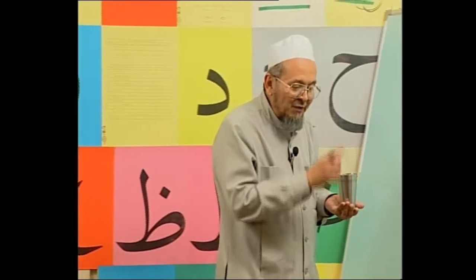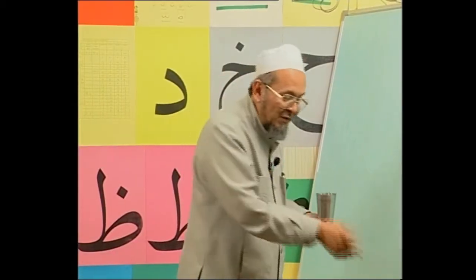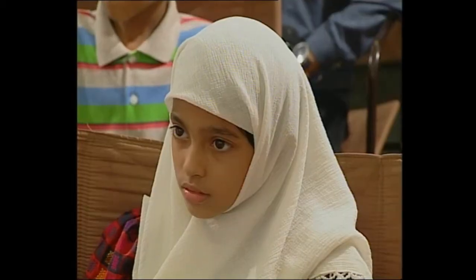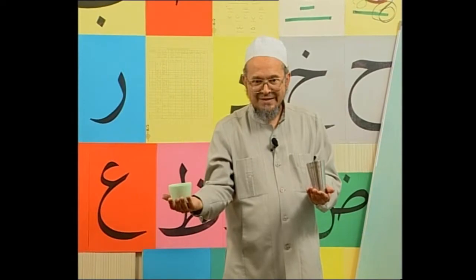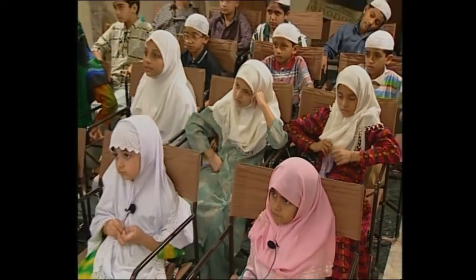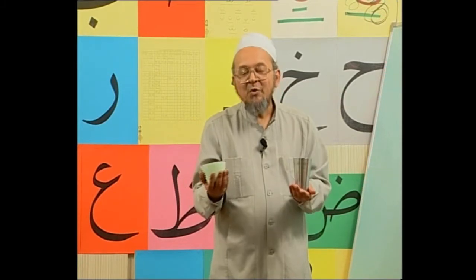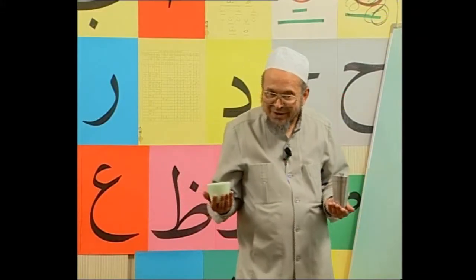Because when we hit this glass, we got one sound, and when we hit the plastic, we got another sound. Are you getting my point? So plastic has got its own sound, metal glass has its own sound. If they didn't have these different sounds, then we would have received what? One sound. Are you understanding my point?